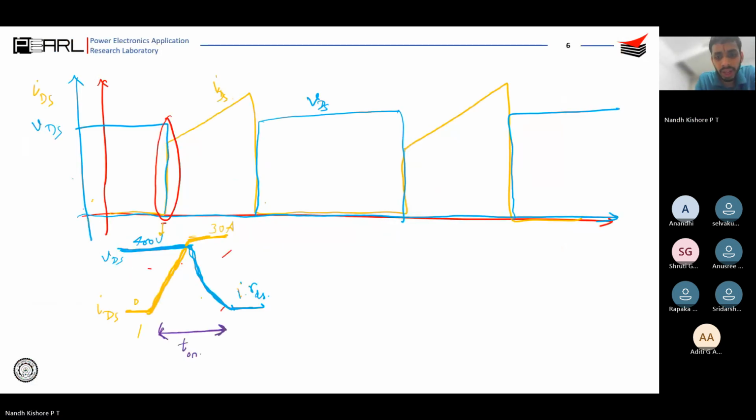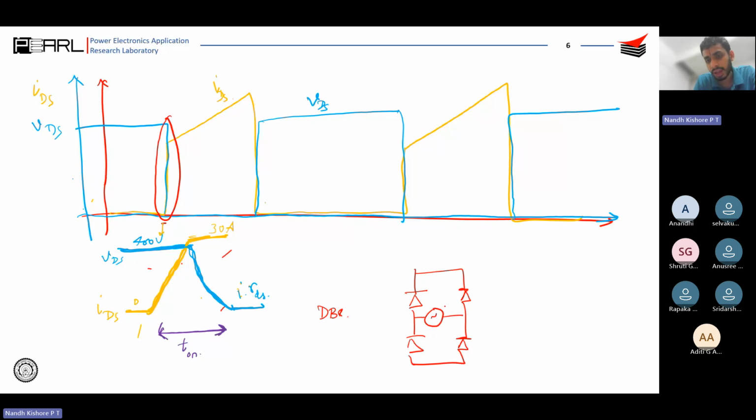That is, you have DBR, a diode bridge over here, right? And then you have a large filter capacitor and then you just feed it to the output, right?